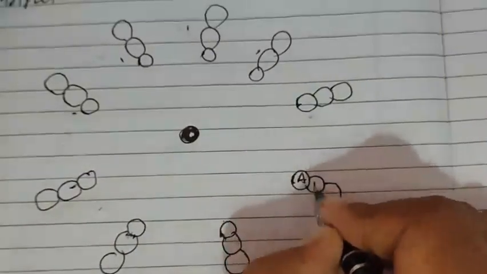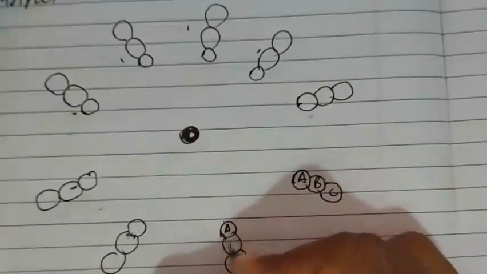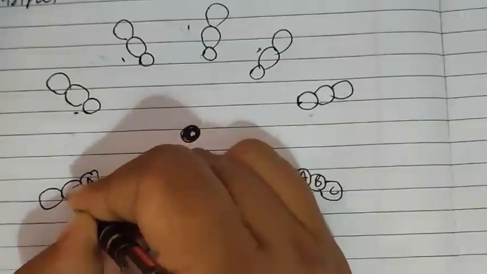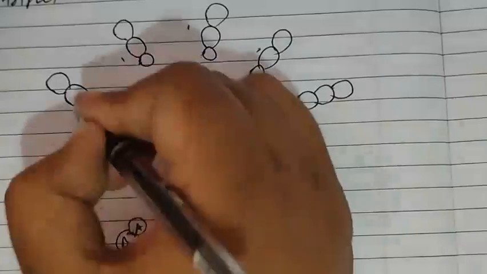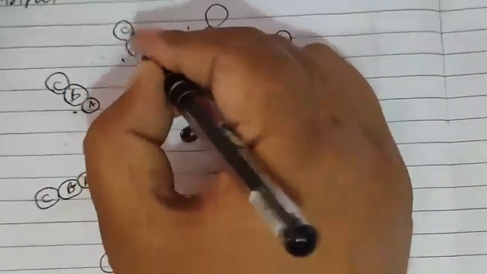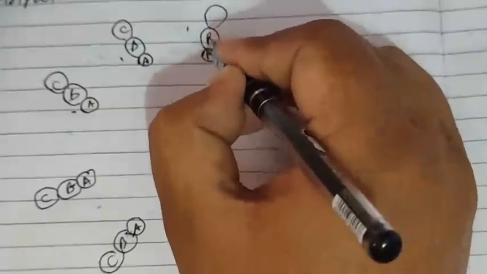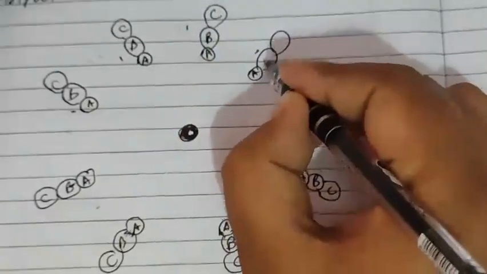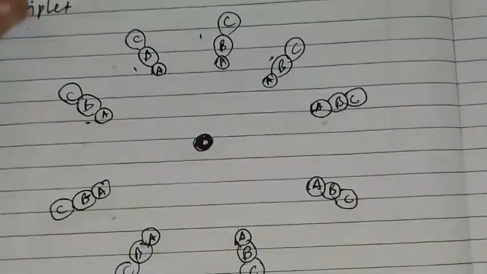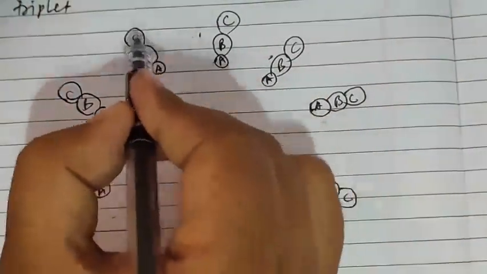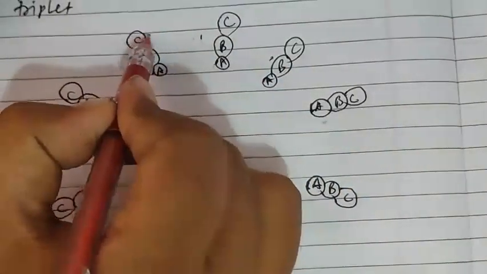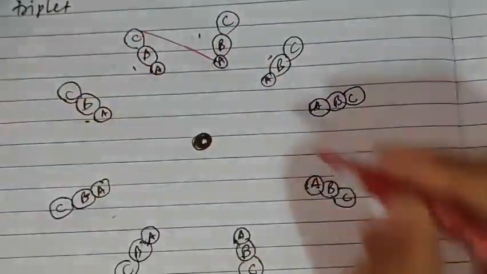They are labeled as A, B, C microtubules, with A towards the center. Now the C of one triplet is joining with the A of the next microtubule.